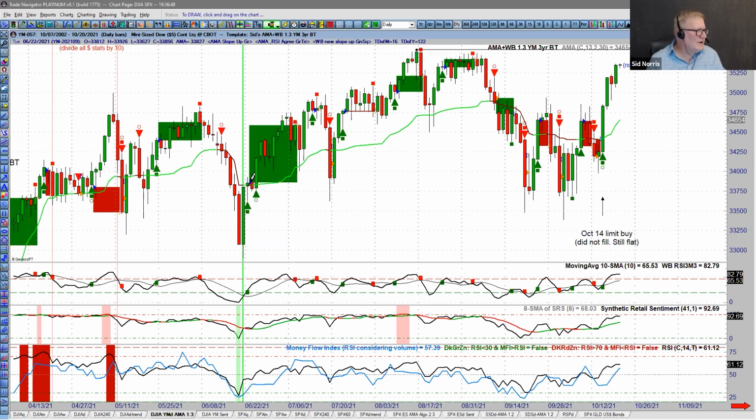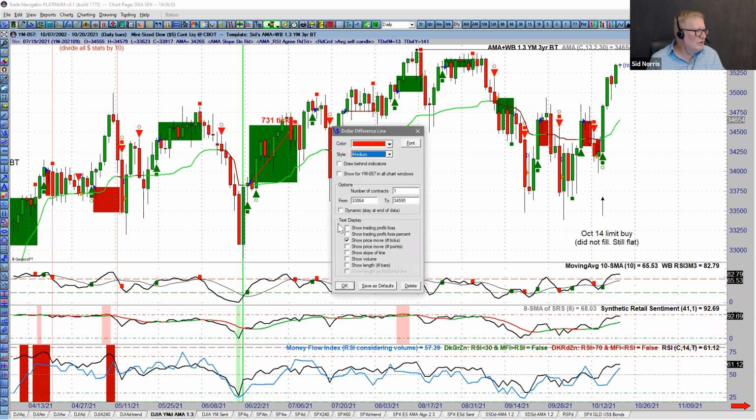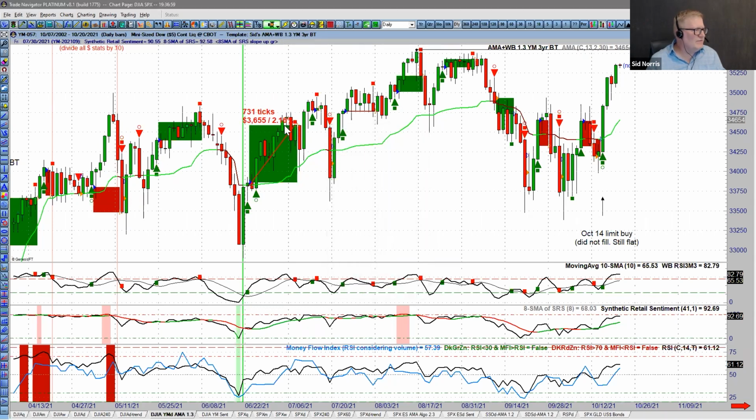How big was that winner? Well, this is going to be pretty close, $3,655 on that one trade. And it was in the trade for 1, 2, 3, 4, 5, 6, 7, 8, 9, 10, 11 days.